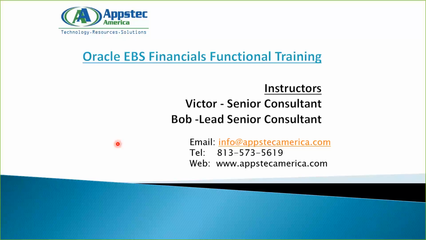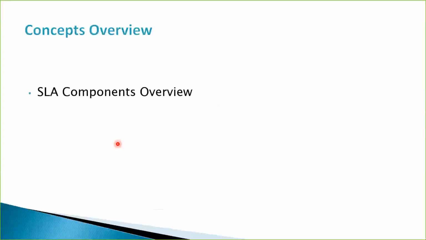Thank you, Bob, for the introduction, and welcome everybody to this session in our financials functional training. As Bob said, this is lesson 5 of the SLA module. In this session, we are going to do an overview of what we have covered so far. We have looked at the various components of the SLA module.